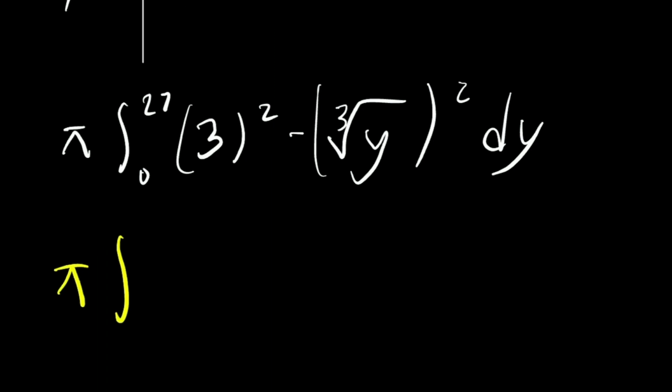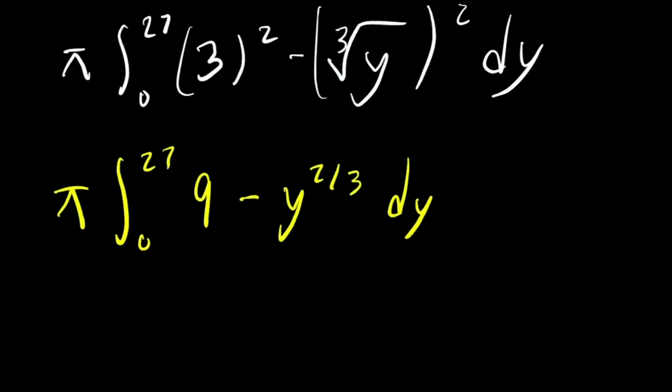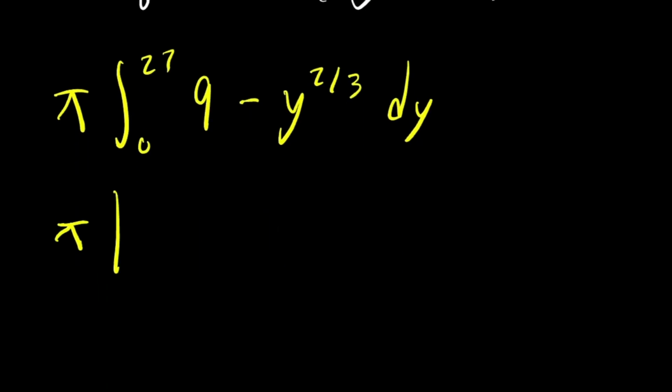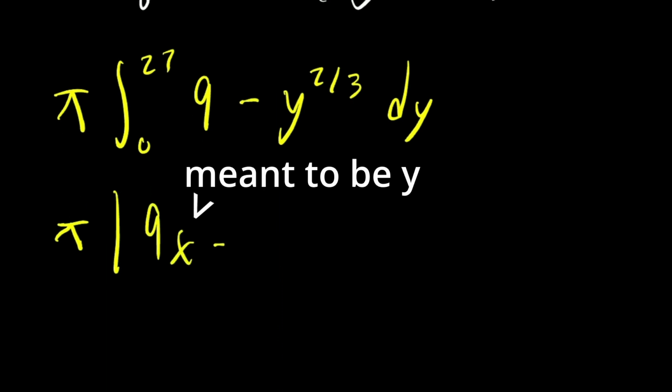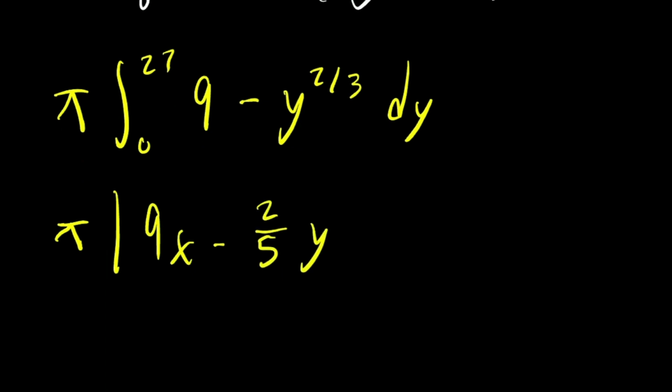So pi times the integral from 0 to 27 of 9 minus y to the 2/3 dy. Now we can integrate 9y minus, let's see, 2/5 y to, or is it 3/5? 3/5 y to the 5/3 from 0 to 27.